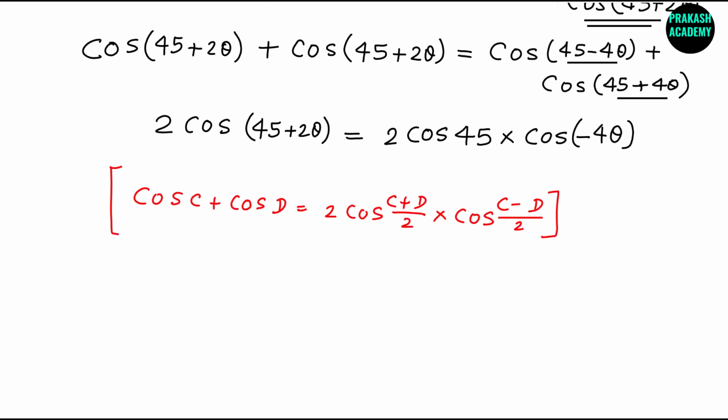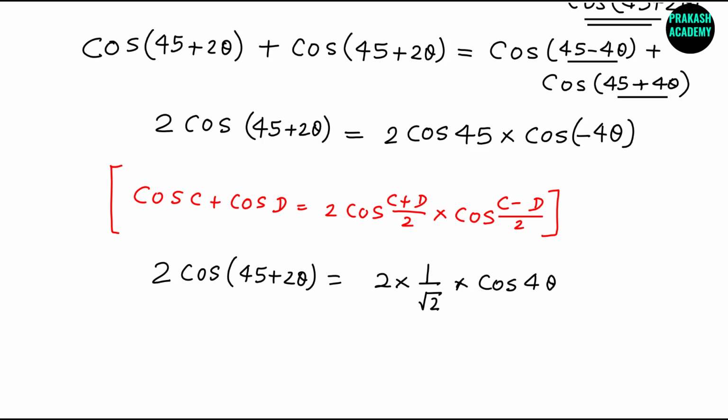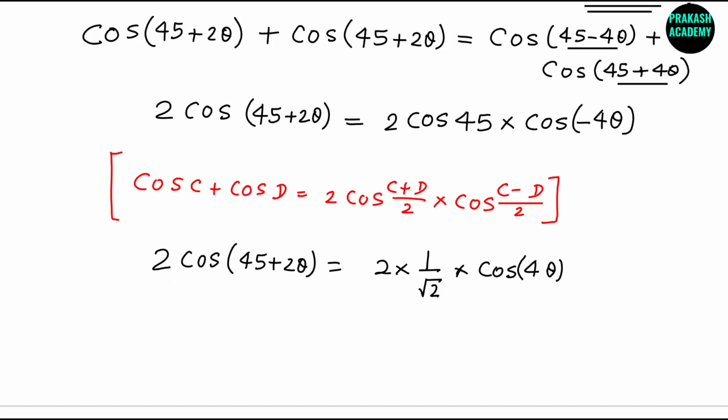But we know that cos of minus theta is equal to cos theta. So we will have 2 cos (45 plus 2 theta) equals 2 cos 45. Cos 45 is 1 by root 2. And this is simply cos theta, since cos of minus theta is cos theta. So this will be cos 4 theta.